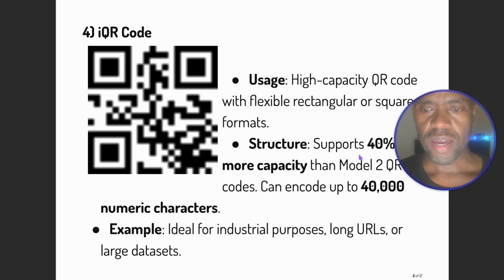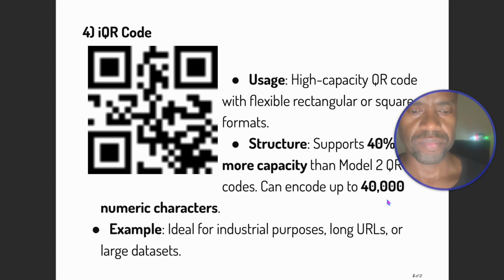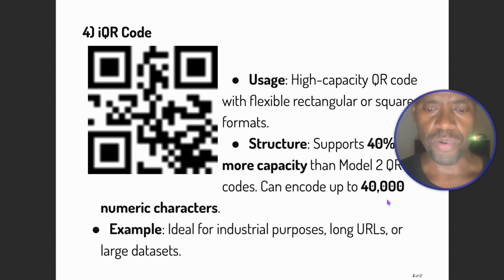Can you believe it? It supports 40% more accuracy than the standard code. And it can encode up to 48,000 numeric characters. This is ideal for industrial purposes. It supports long URLs or large data sets.